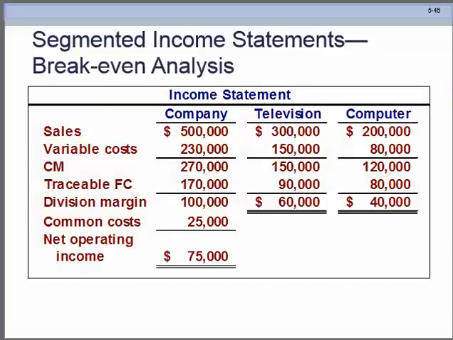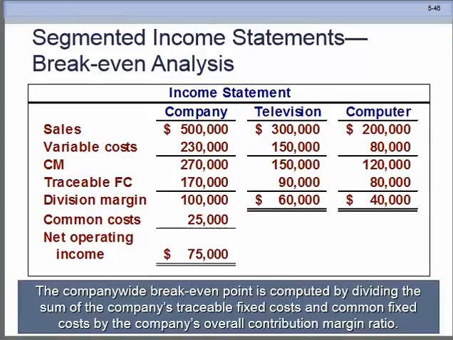All right, so now let's take this back to our idea of a break-even point. And so we're going to go back to this income statement again. Here we are, television, computer, net income. And where is our break-even point now that we've got multiple divisions?